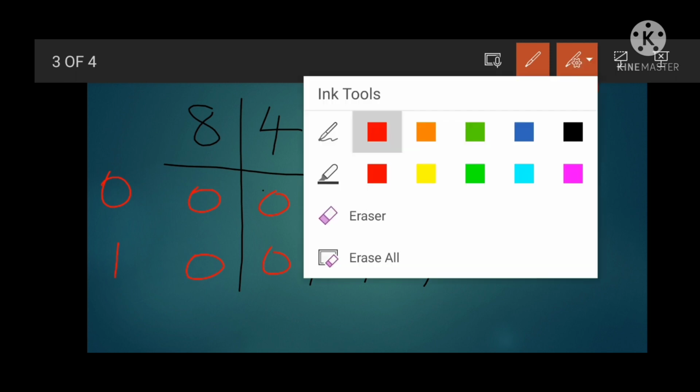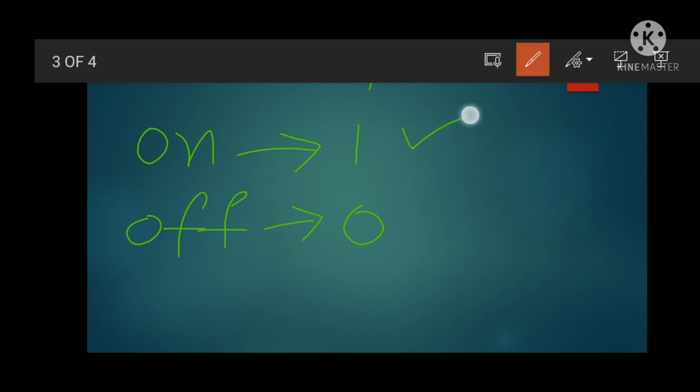To make it simple, I can tell you in this way. On is considered as 1, off is considered as 0. For example, if you switch on the light, it's on, right? It's 1. If you switch off the light, it'll be 0.